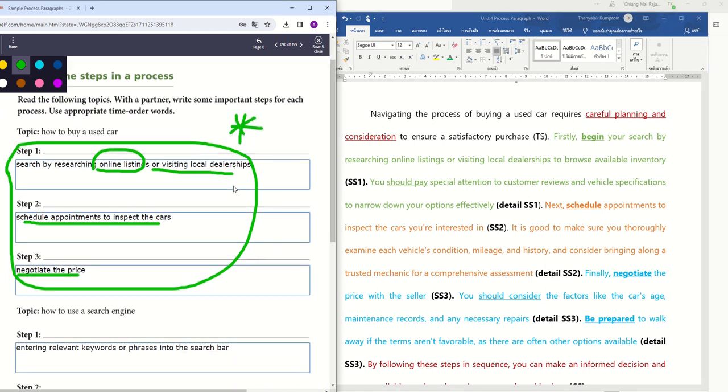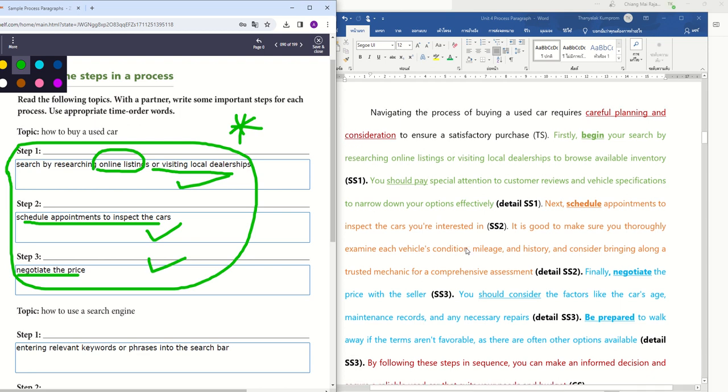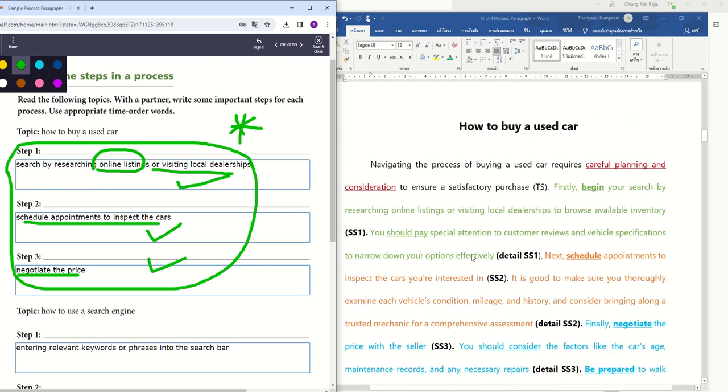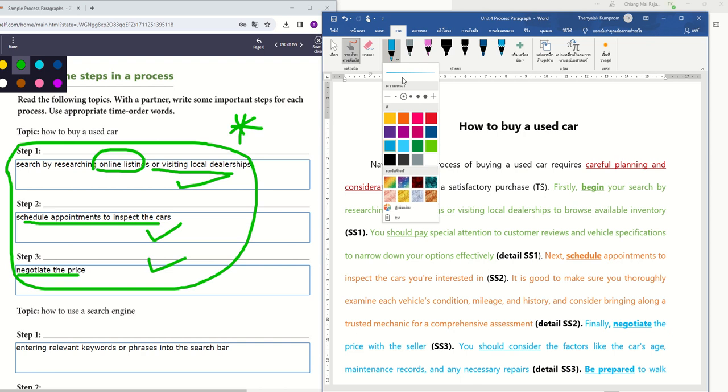As you can see here, there are only phrases. But once we put them all in a paragraph, we need complete sentences and also, since this is a process paragraph, we need time order words.